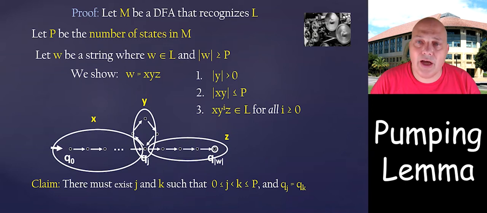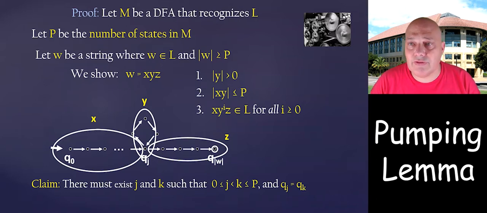Then xy in joint length are at most of length at most p. This is true because, as we said, it's enough to look at the first p plus 1 states, all the states from q0 to qp, and these are visited when you look at the first p symbols of w.